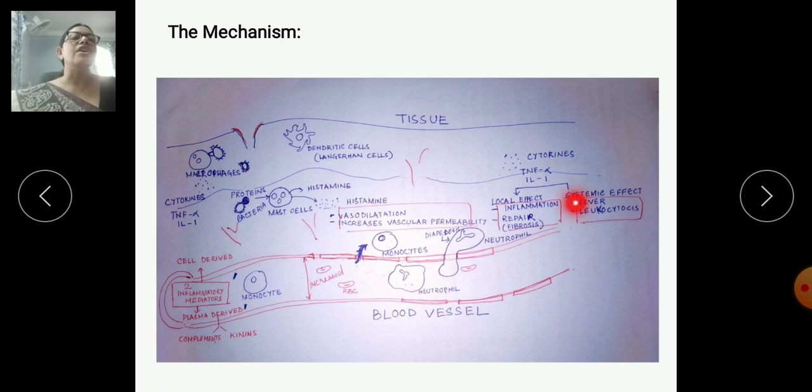The second is the systemic effect. What is the systemic effect related to blood? That is usually fever and leukocytosis. What is leukocytosis? An increased amount of leukocytes. So these are observed later.